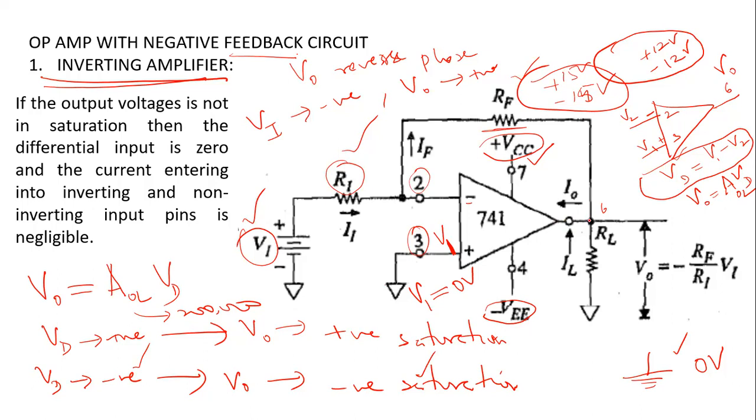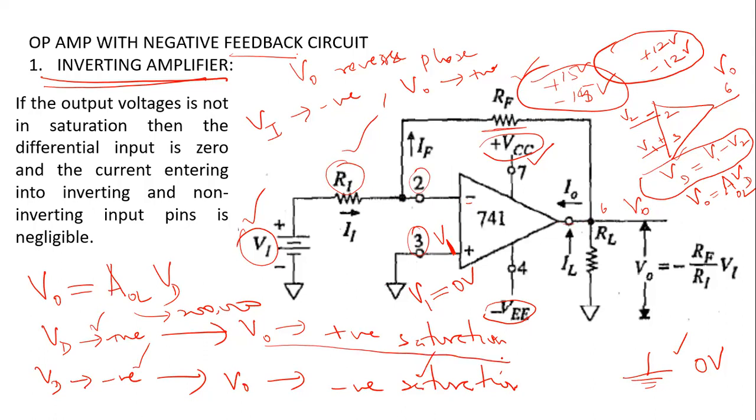When it drives the output to negative saturation, your V out is here, and the voltage at this point is your V out. You are feeding back that negative voltage to this signal here, and that will result in, if you're giving a large negative signal voltage here, the VD turning into a positive voltage signal, and that will again drive the output into positive saturation.